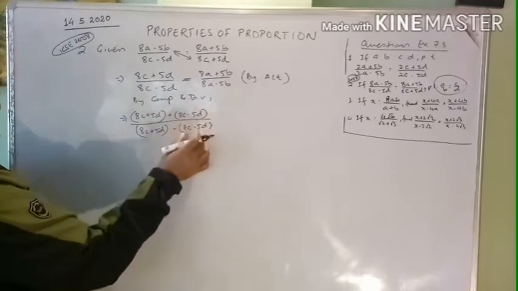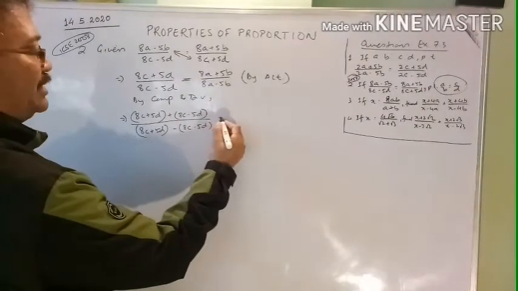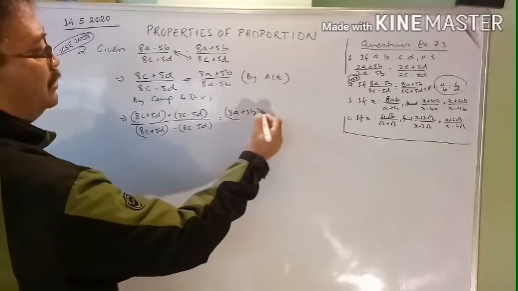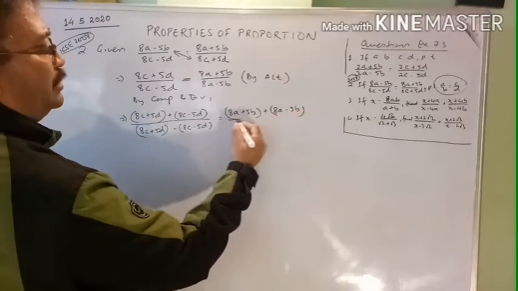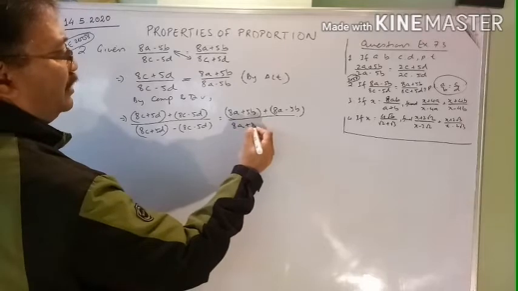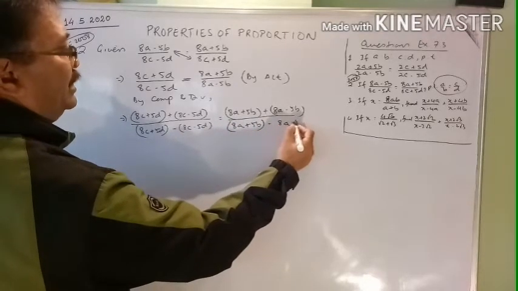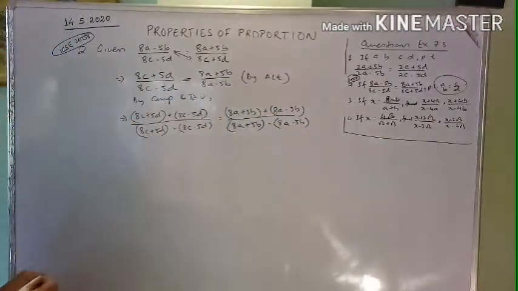Terms will remain as they are, only sign will change. Same with RHS. 8A plus 5B plus 8A minus 5B divided by 8A plus 5B minus 8A minus 5B. Only this plus minus sign will change.